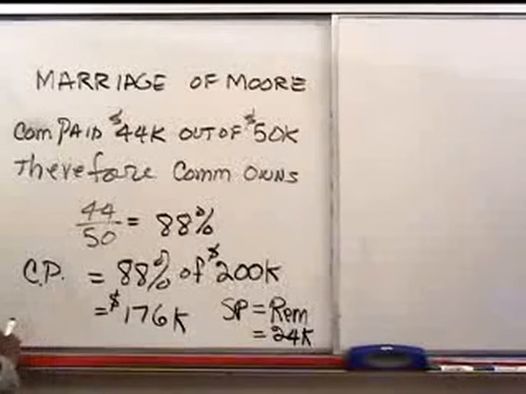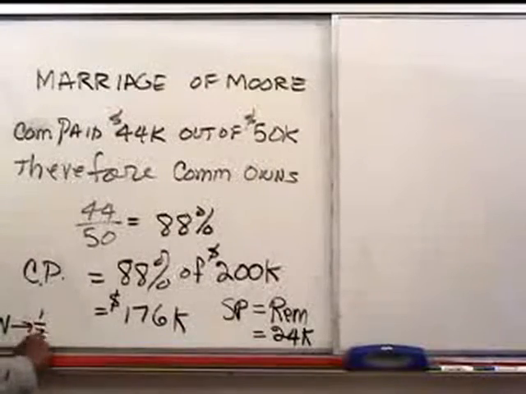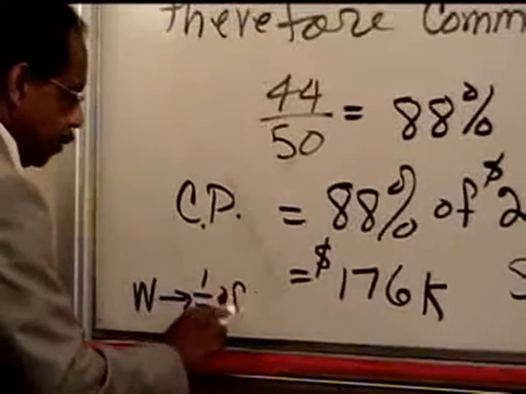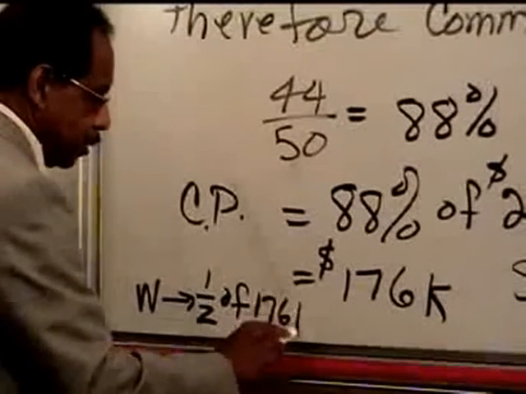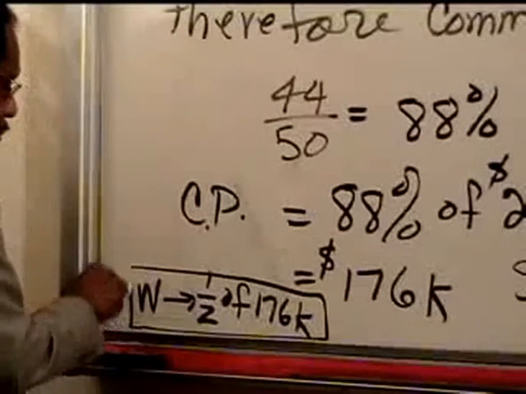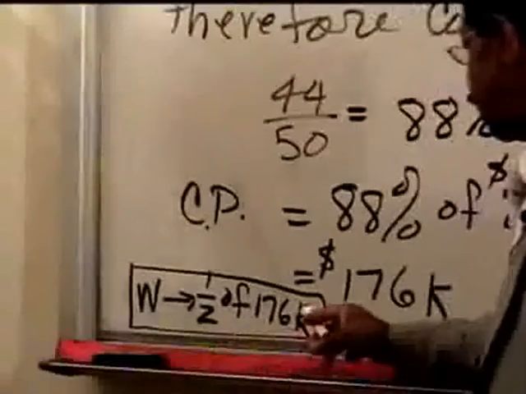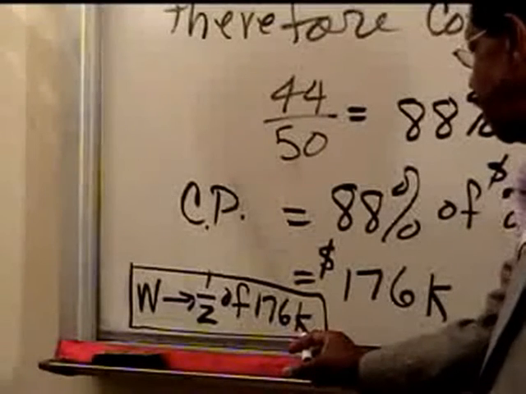W gets 1/2 of 176,000. Be sure to do that 1/2 calculation. W gets 1/2 of the 176,000.